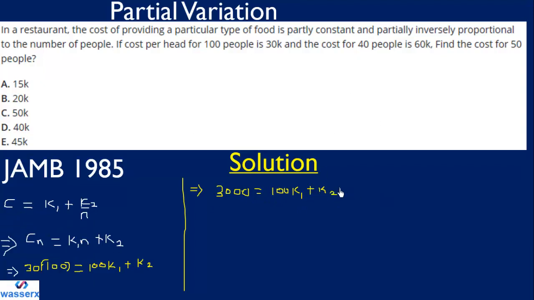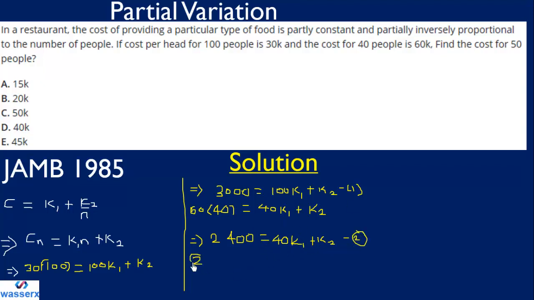Then we also have for 40 people, the cost is 60, so 60 times 40 equals 40 k1 plus k2. When we simplify this, we obtain 2400 equals 40 k1 plus k2.